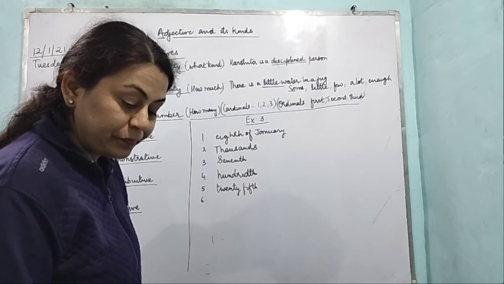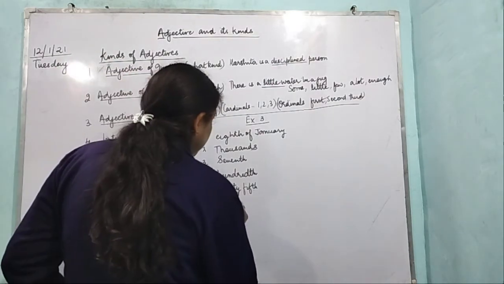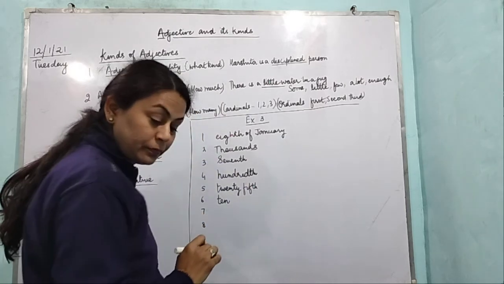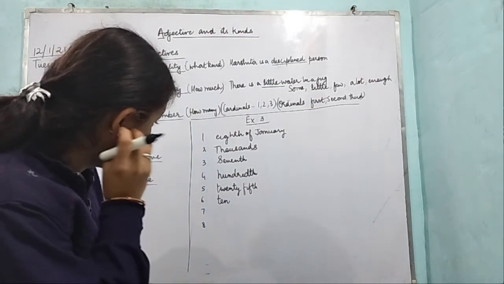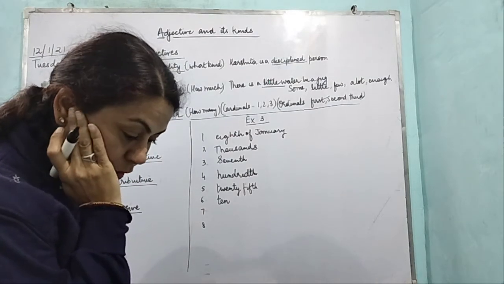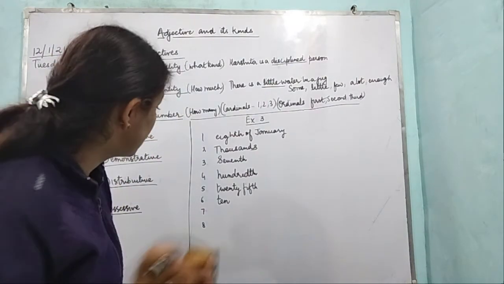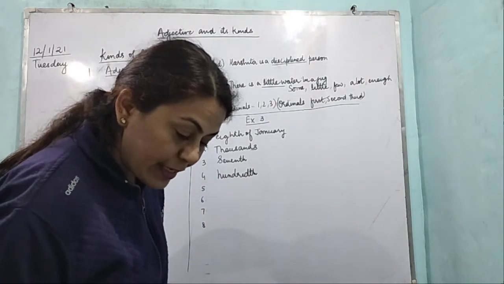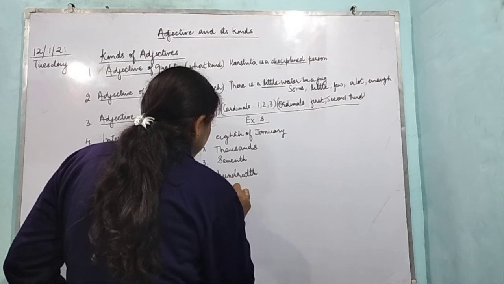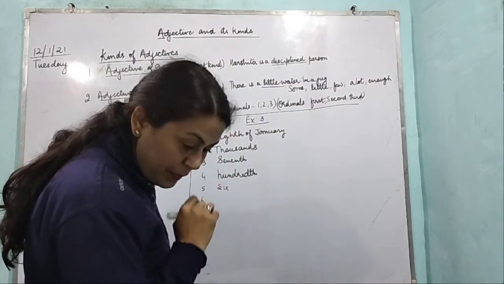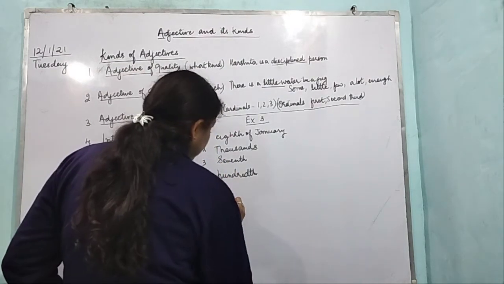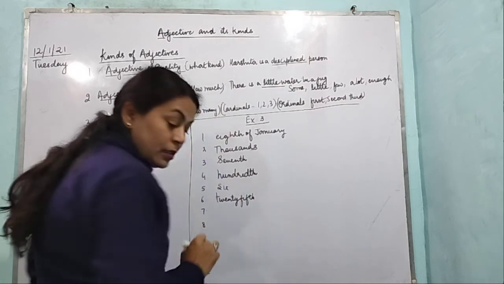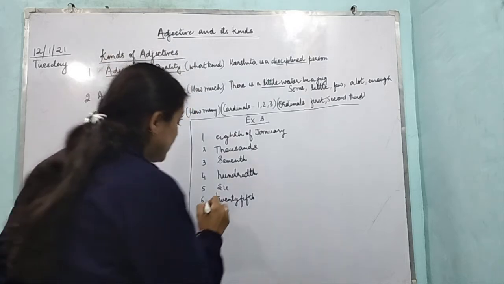Here cardinal. Sheena had 10 stitches on her head. Tulika has 6 kittens. Then उसके बाद आएगा 25th. 7th आएगा Sheena had 10 stitches.